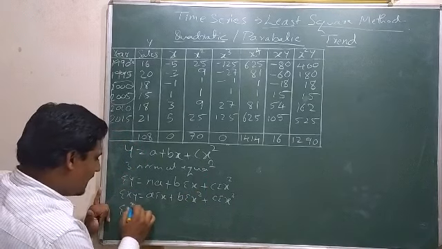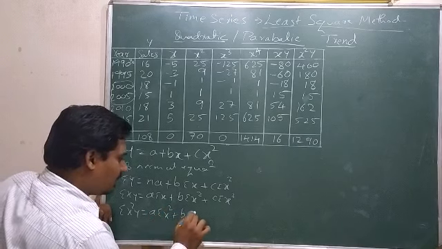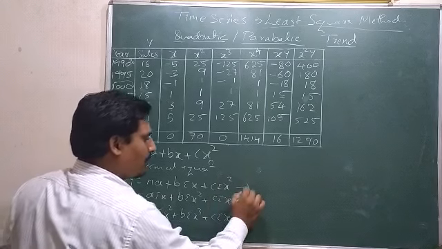Then summation x square y is equal to a summation x square plus b summation x cube plus c summation x raised to 4.